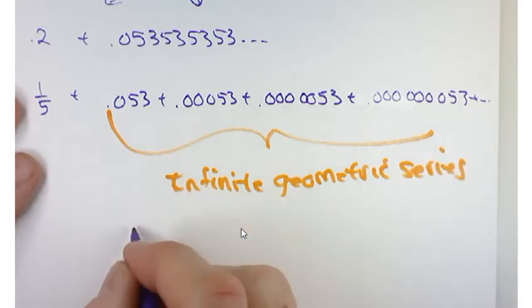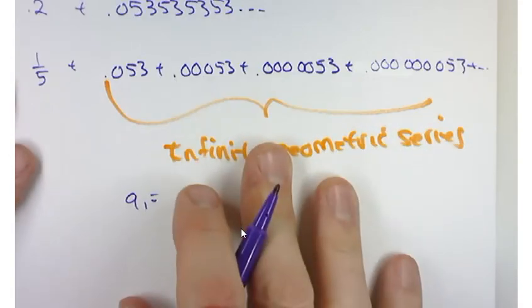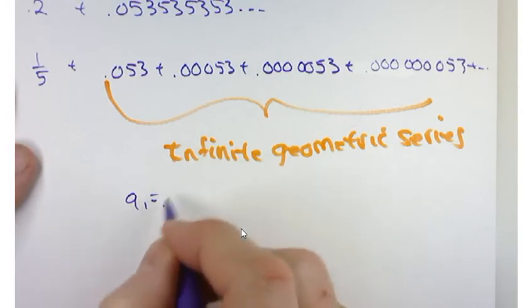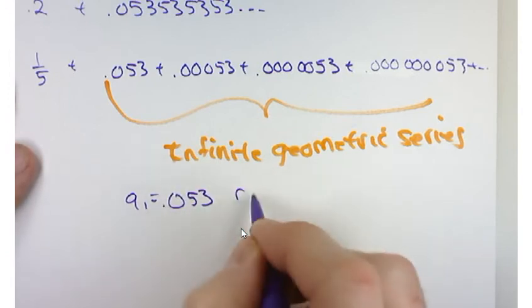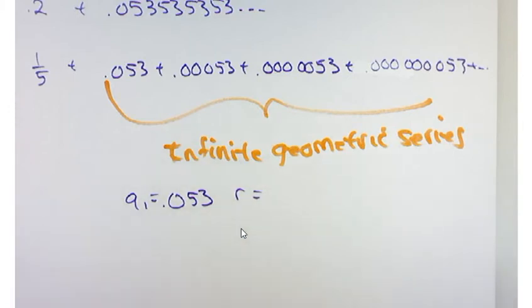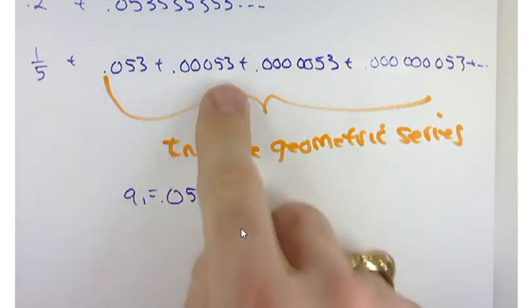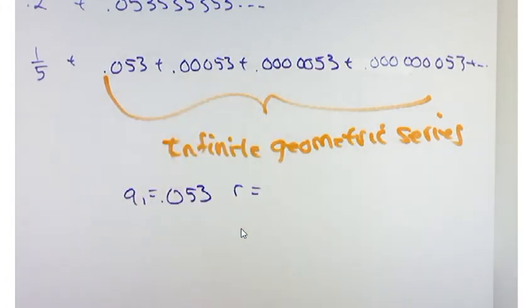What would a sub 1 equal? 0.053. Good. And now here's a tougher one. See if you can figure out what r is. What is it that you're multiplying by to get from one term to the next? Take out your calculators and do it, or penetrate it with your great intellect. But figure out what r is. Don't shout out any answers.